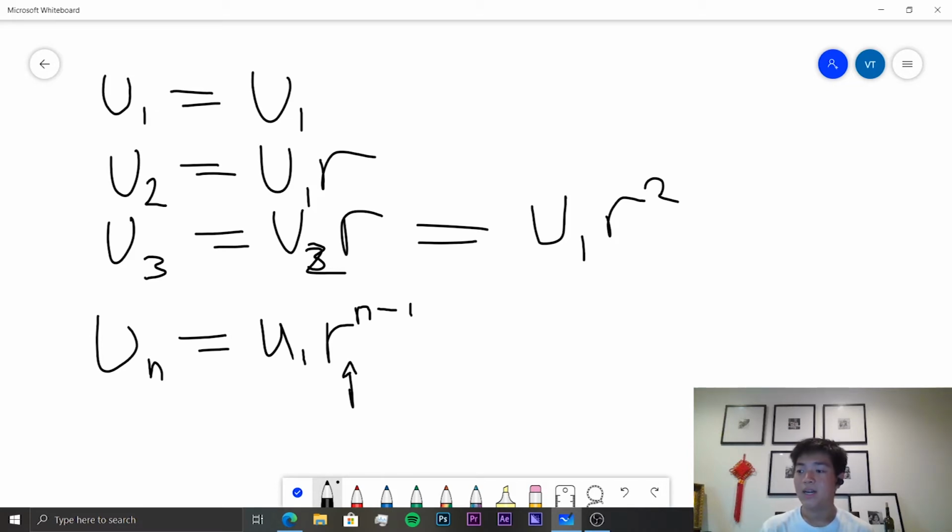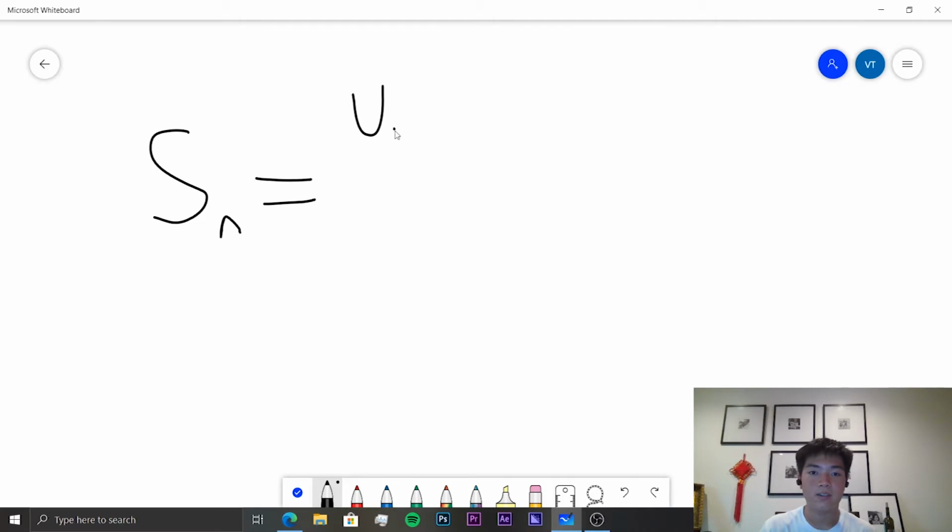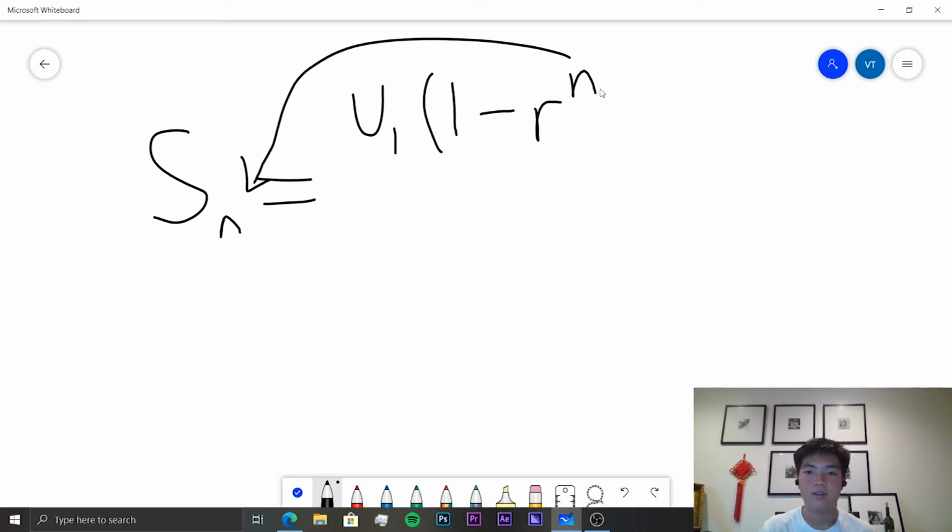Okay, now we need to know how to find the sum of a geometric sequence or series. You can try to investigate this yourself, but I'm going to give it to you straight up that the sum of a geometric sequence is equal to the first term times 1 minus the common ratio to the power of n, where n is, of course, the number of terms you want to sum, divided all by 1 minus r.